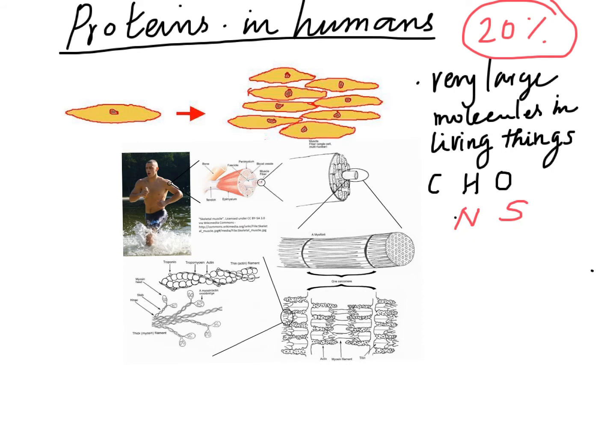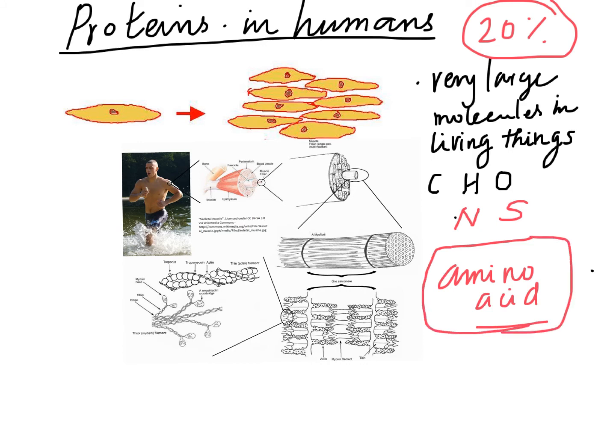These elements actually make a smaller compound known as amino acids. We will look at this a little bit later, how amino acids join together and make a huge molecule known as proteins. So amino acids are the smaller molecules which form the larger molecule protein.